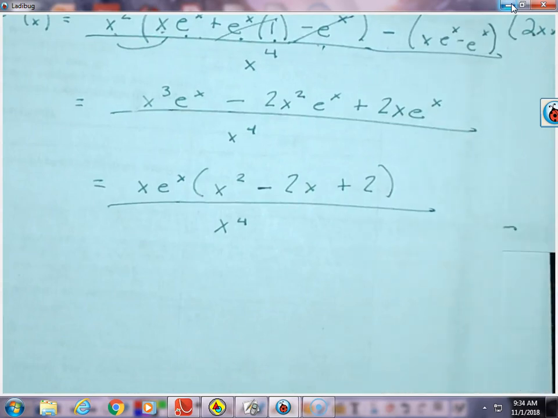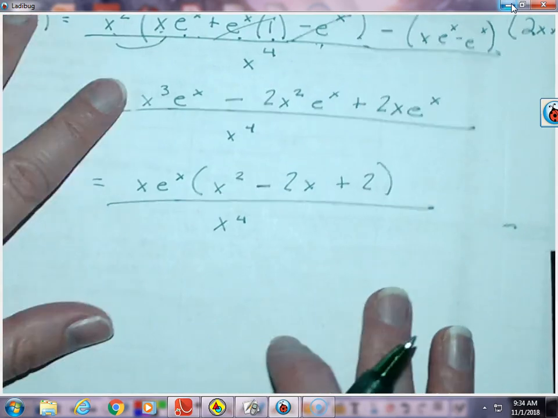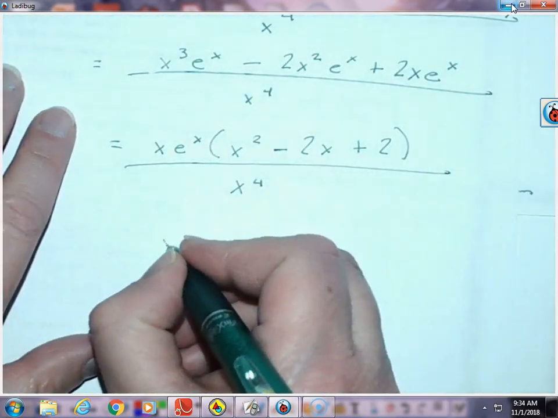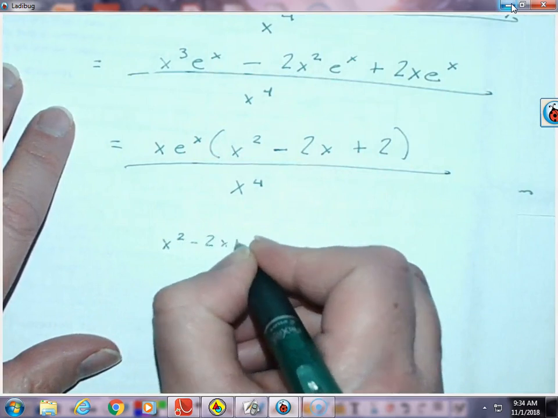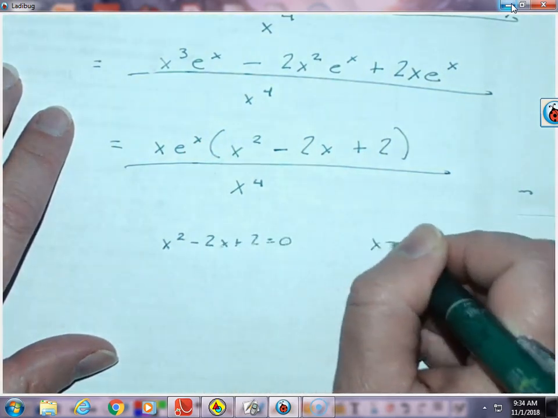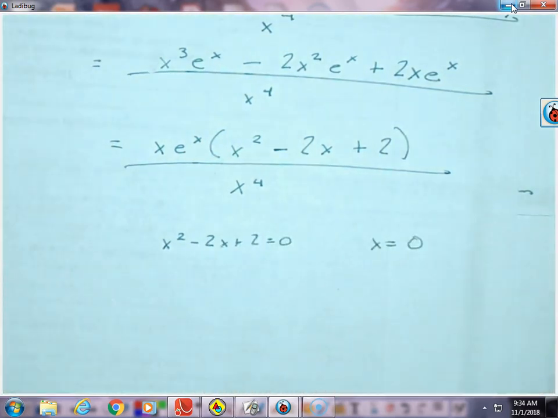It's undefined at x equals 0, so it's not going to equal 0 there. We know e to the x is never 0. So we really just need to figure out if that's something that will factor or not. I have my doubts. Are there any two numbers that multiply to give you 2 and add to give you negative 2?